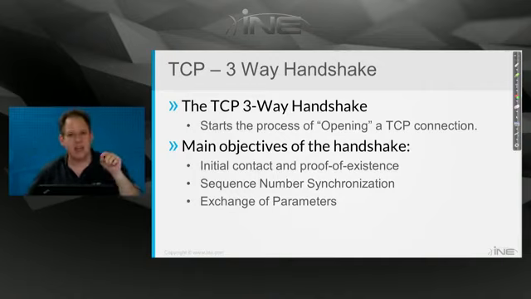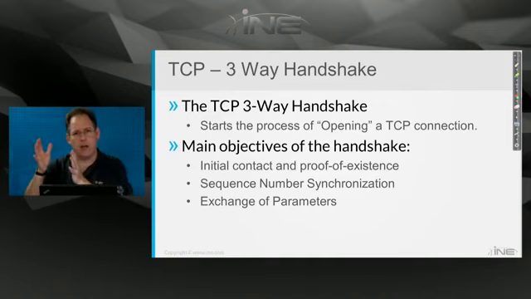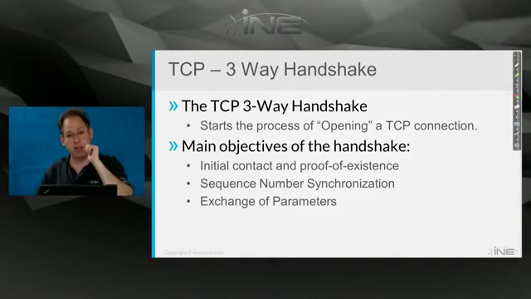Make sure the device is there and make sure he's listening to this particular protocol that I want to use with him. Then we also do the initial sequence number synchronization. So I tell you, when I establish with you, I say, okay, when I start sending data to you, here's the sequence number I want to start out with. And similarly, when you talk back to him, you say, okay, thank you for telling me that, Keith.